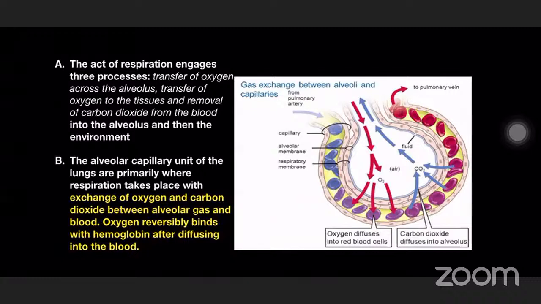As it diffuses, the carbon dioxide diffuses back to the alveoli. So basically here in the capillaries, the red blood cells are getting oxygenated. The alveolar capillary unit of the lungs is primarily where respiration takes place, with exchange of oxygen and carbon dioxide between alveolar gas and blood. Oxygen reversibly binds with hemoglobin after diffusing into the blood. This is clearly seen in the picture given here.